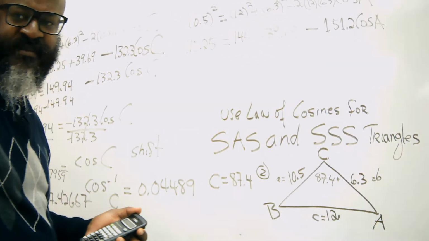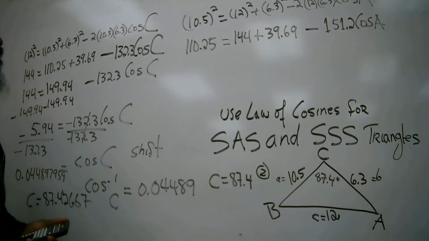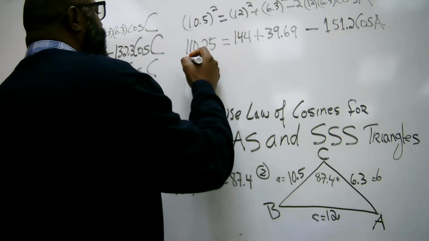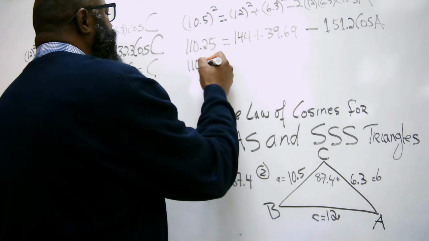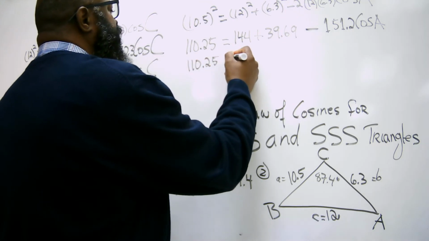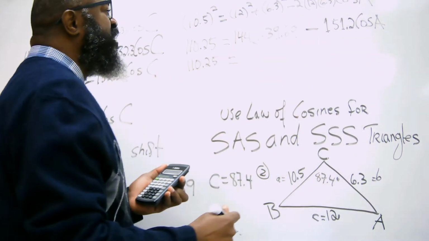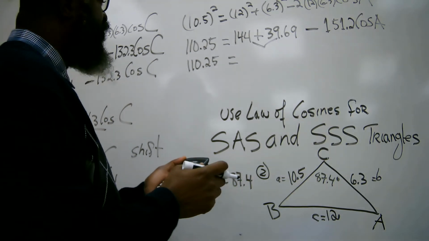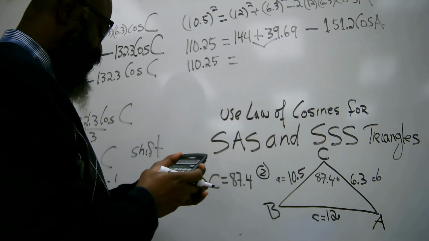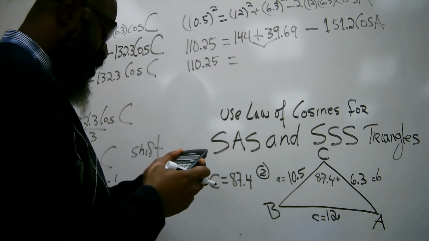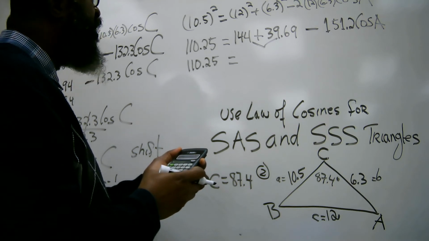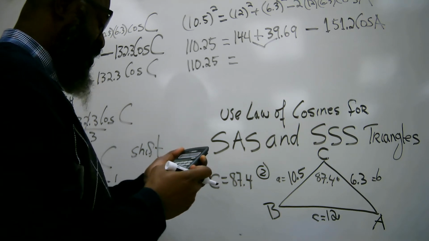Now, by order of operations, you must add those two numbers, and that is what you're going to subtract from. I will have 144 plus 39.69.